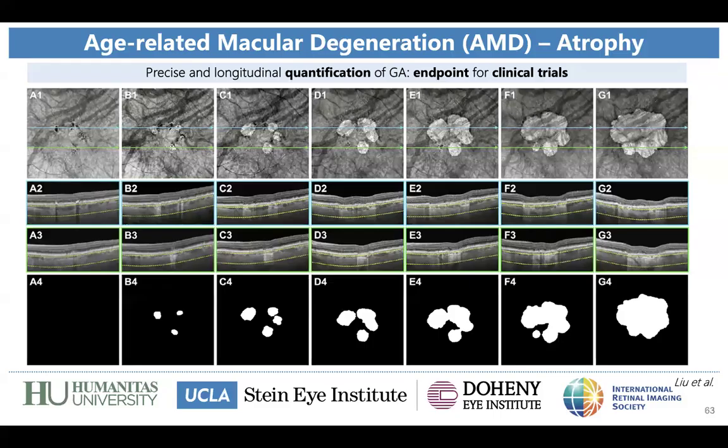So it's going to be the opposite: the healthy RPE would be hyperreflective, with the GA being hypo-reflective. So two different manners to get the same result. But in your opinion, is one better than the other?